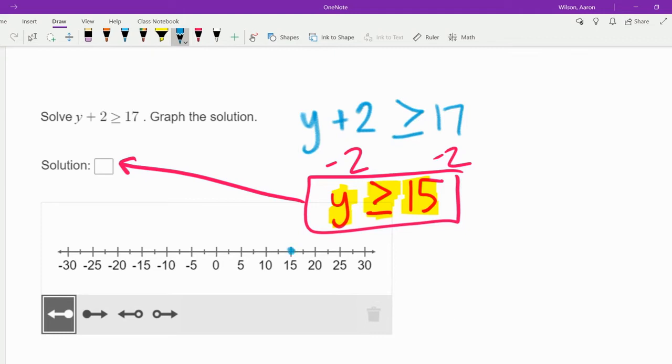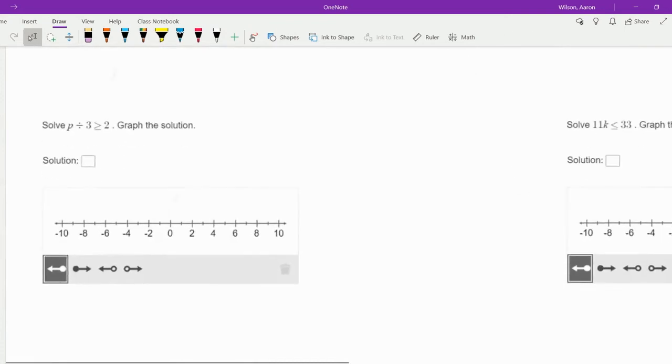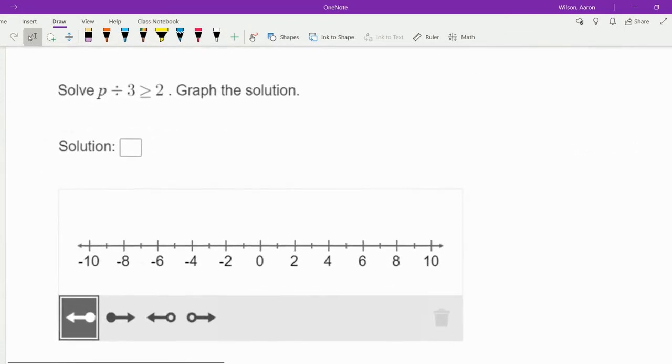They call it a closed circle. So I'm going to color in on 15. My graph has to indicate the greater than side, because y has to be greater than or equal to 15.